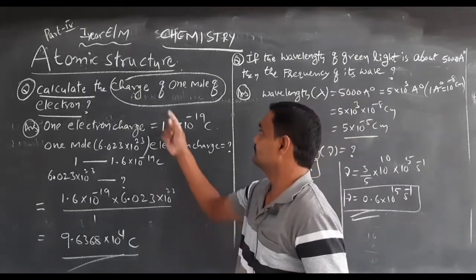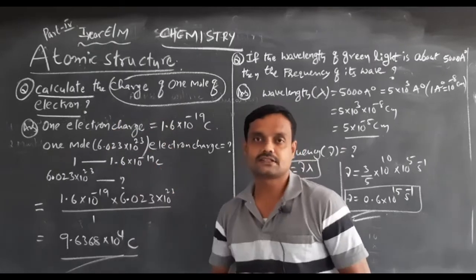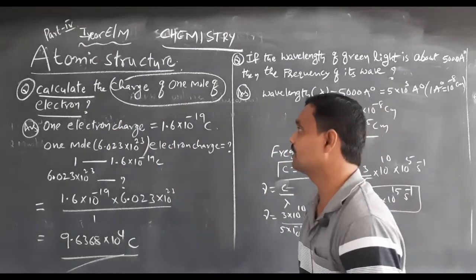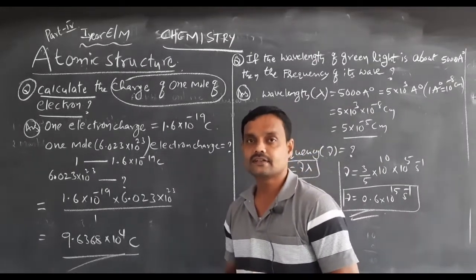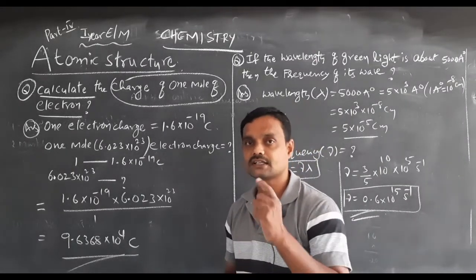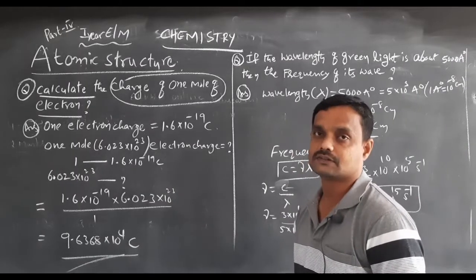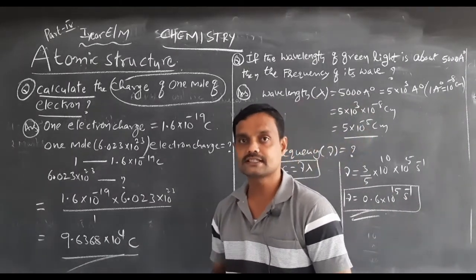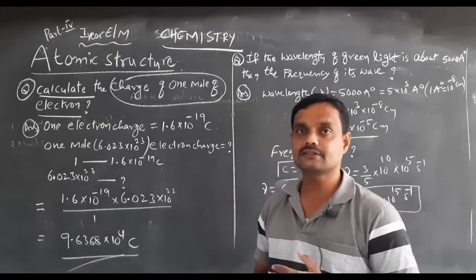So in the given problem, we should find out the charge of 1 mole of electron. So here we have to know the 1 electron charge, that is 1.6 into 10 power minus 19 coulomb.